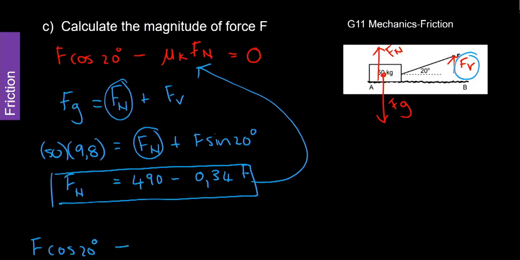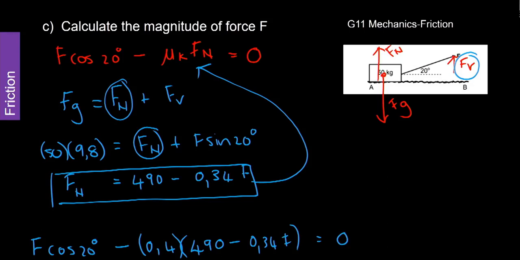Minus. Now, we've got our mu k, which is 0.4, they've told us, times by normal force, which is this expression, 490 minus 0.34 F. It's equal to 0. Okay, now we can work with it.